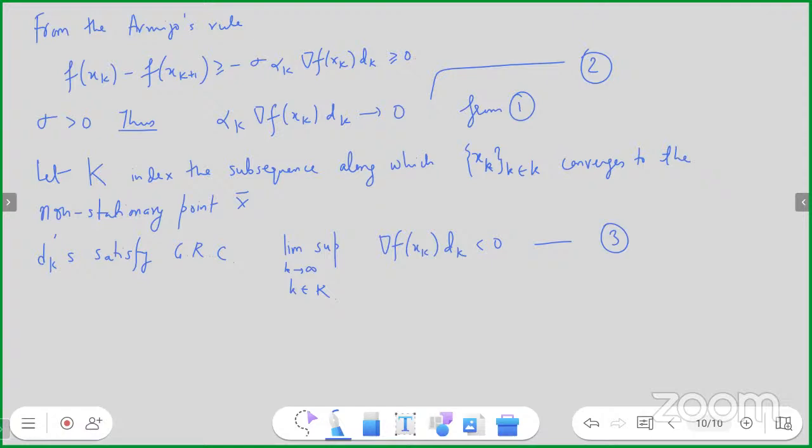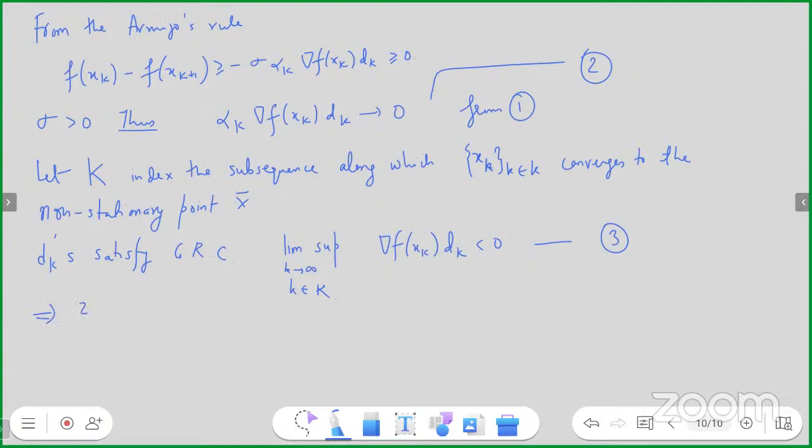That after a certain time, essentially on this subsequence capital K, the choice of alpha k made by the Armijo's rule is not of the type s. It's some beta power m times s. That's all you can deduce from here. But because of the Armijo's rule choice, what do we have? See, it chooses the smallest m so that the step size is the largest. That's what Armijo does.